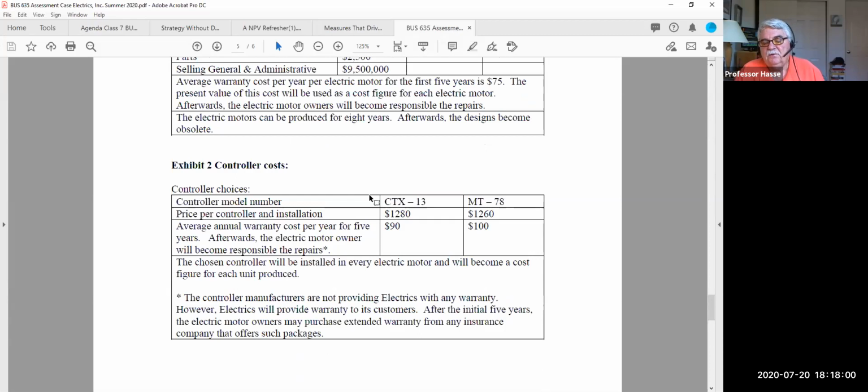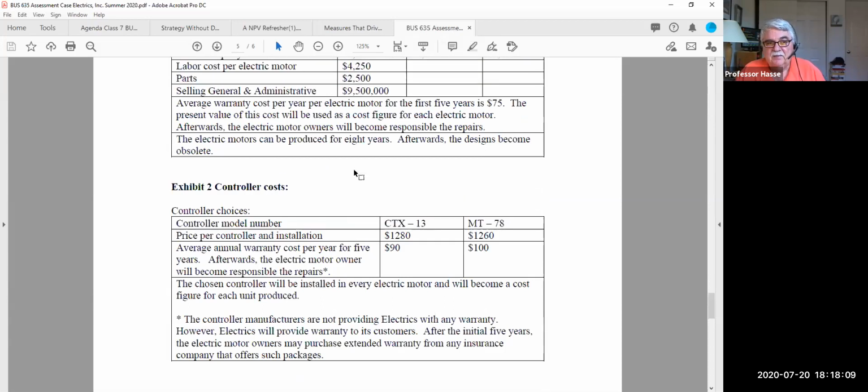The only difference between this electrics case and the problem we just looked at and the case number 3 that you're doing next week is this: warranty cost. This is what separates you guys as MBA students from the bachelor's administration students.